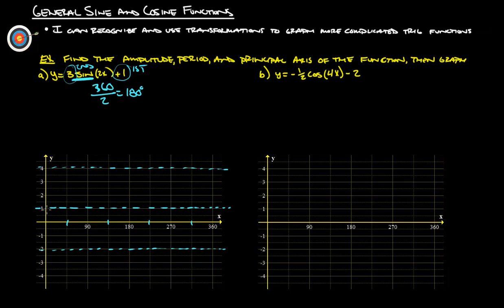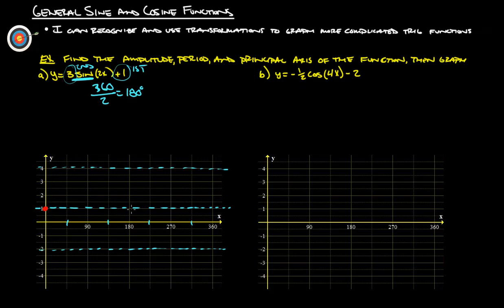So we know that sine always starts at 0. And if it's positive, it goes up. If it's negative, it goes down. This one is positive. Let's use different colors so we can see this better. Okay, so we're going to start here at 1.